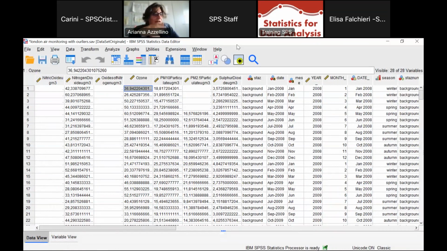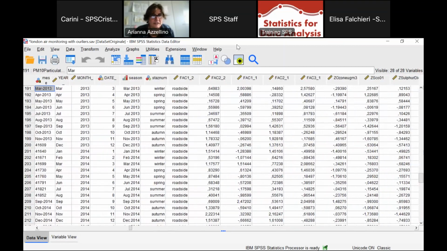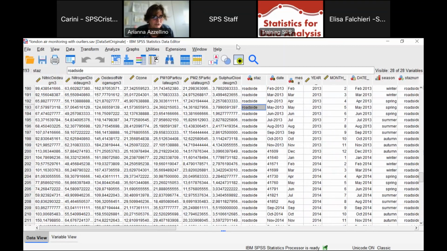So in this case, it could be interesting. I mean, if we look at how the data set is organized here, we have one single column of ozone values and the variable containing the information about the type of station those measurements belong to.